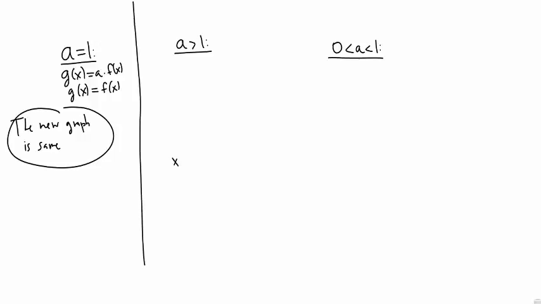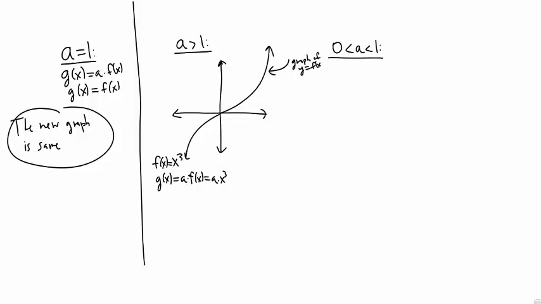Let's do an example. Let's take the function defined by the formula x cubed. And what can be said about these two graphs? First, the graph of y equals f of x looks like this. What about the new graph? When the input is positive, what can be said about the two outputs?